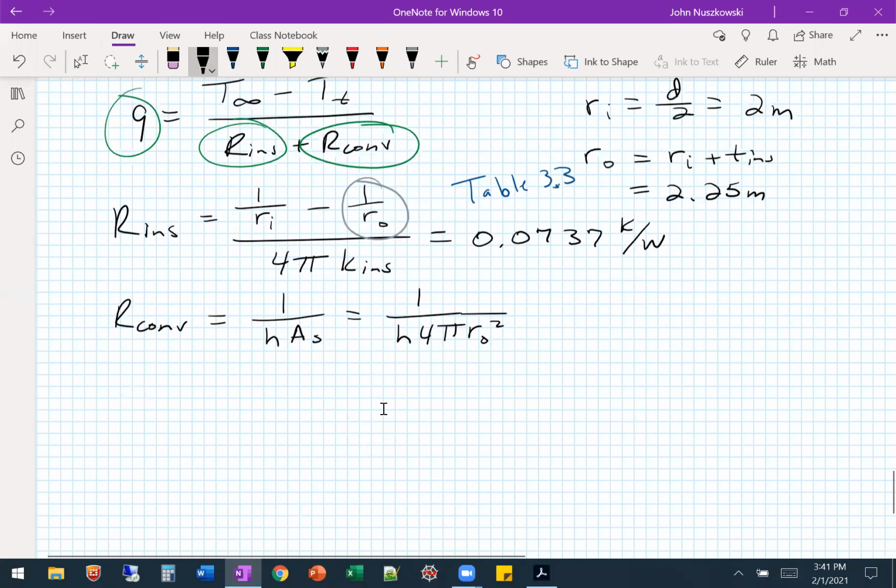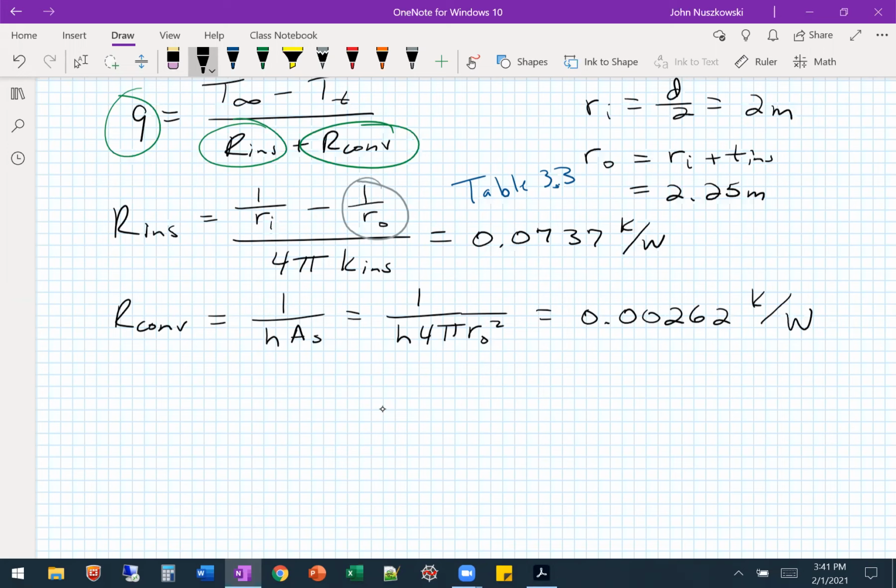All right, if we look at this, we also have all these values. So we end up getting .00262 Kelvins per watt.